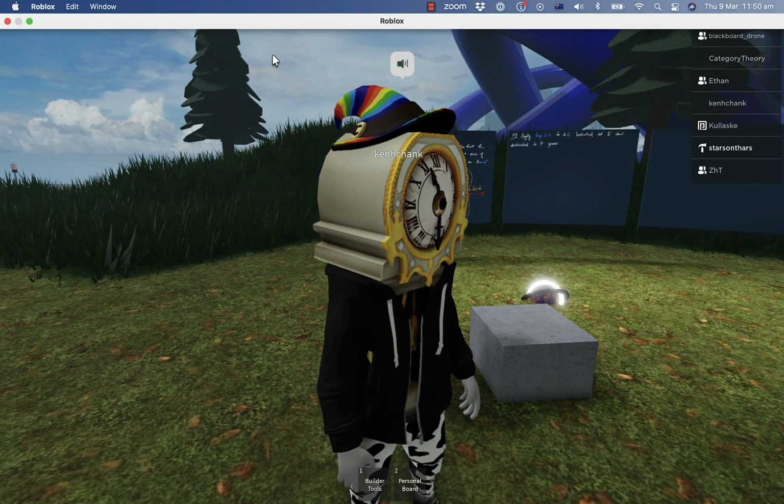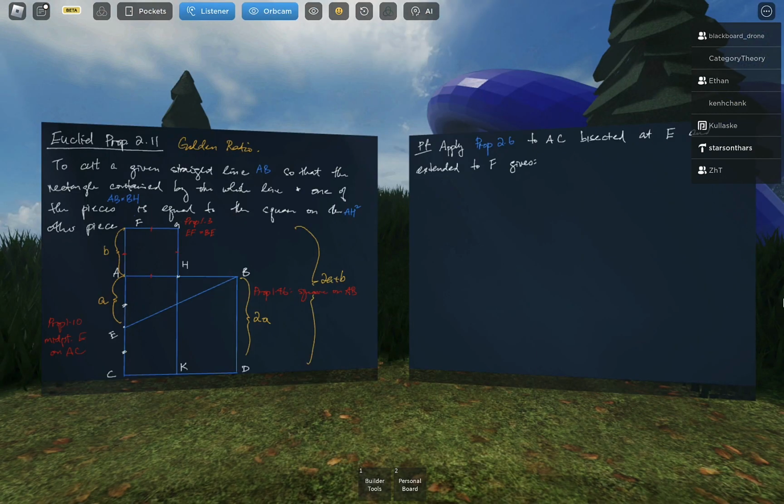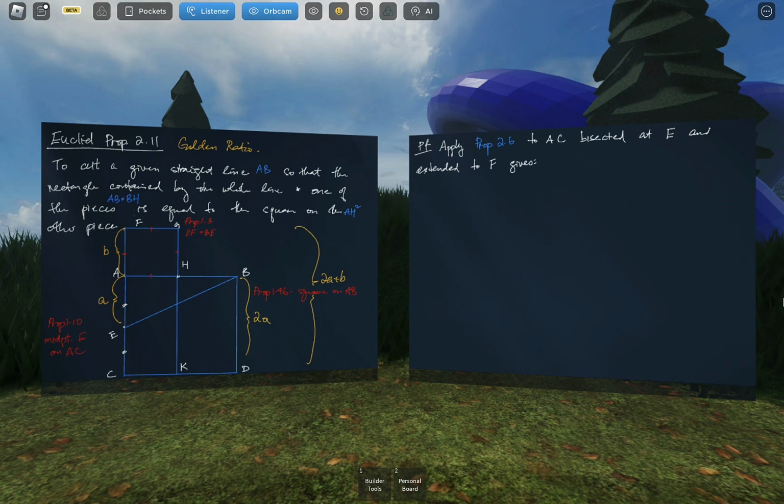And I'm going to refer to the algebraic version of 2.6 to tell us what the conclusion is, right? So remember, the algebraic version of 2.6 is 2a plus b, where a's and b's are what I've labeled. These are not just arbitrary things. I've matched up the a's and b's with how we're going to apply the proposition.